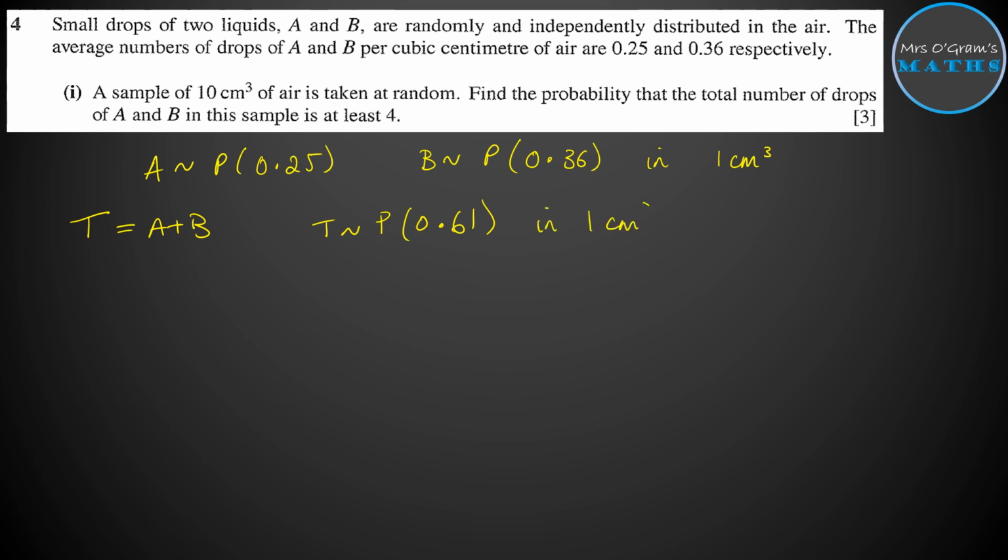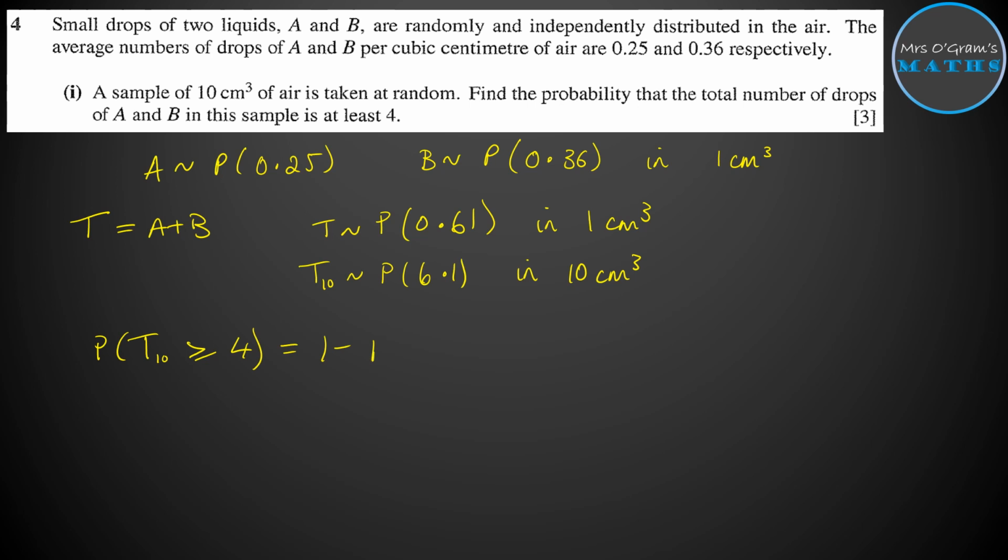1 centimeter cubed, which means that if we now do t subscript 10, that will follow a Poisson distribution with mean 6.1 in 10 centimeters cubed. Now we're working out the probability that t in 10 centimeters cubed is greater than or equal to 4.